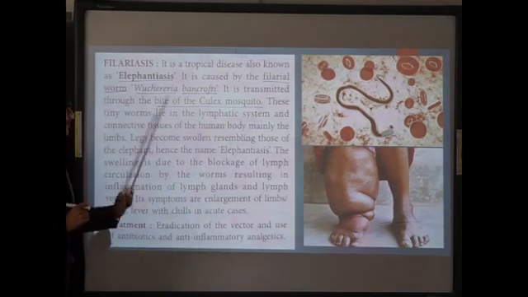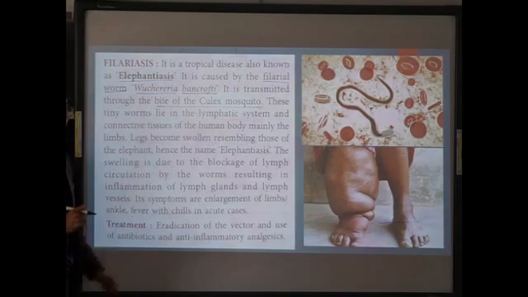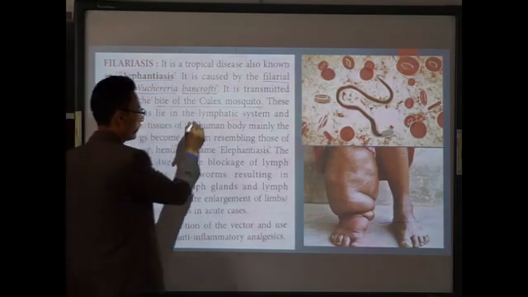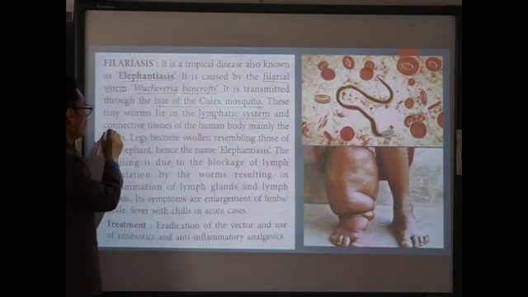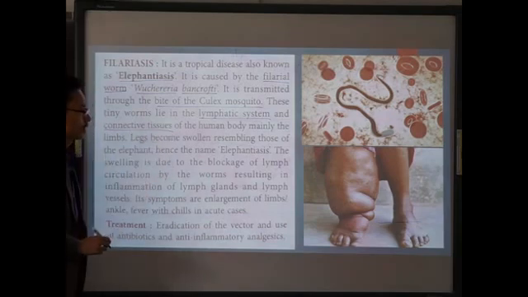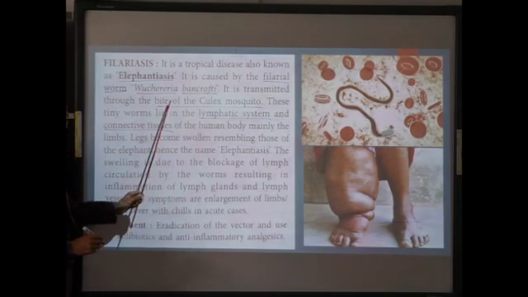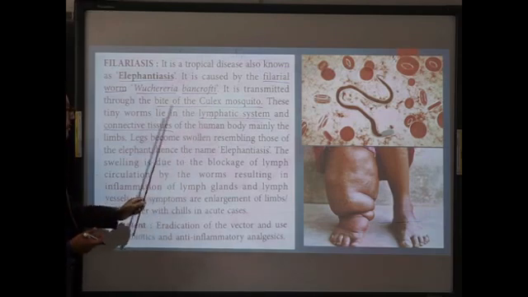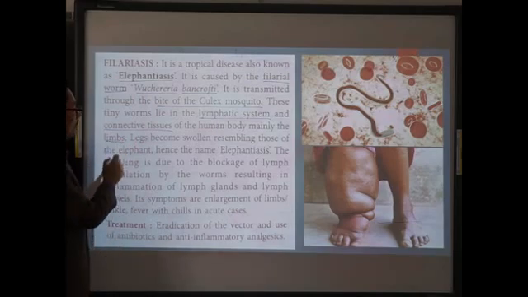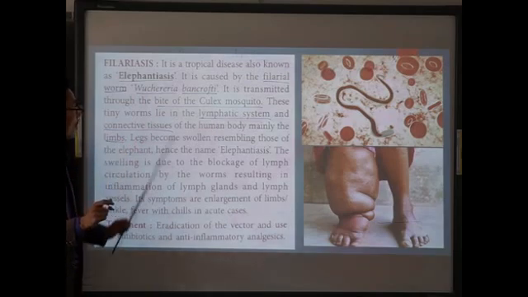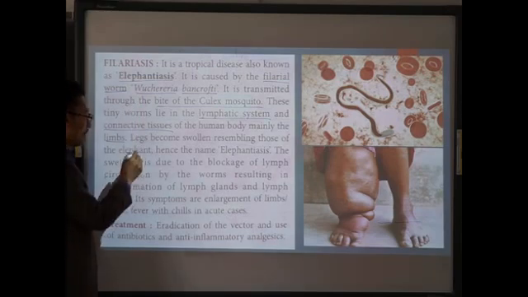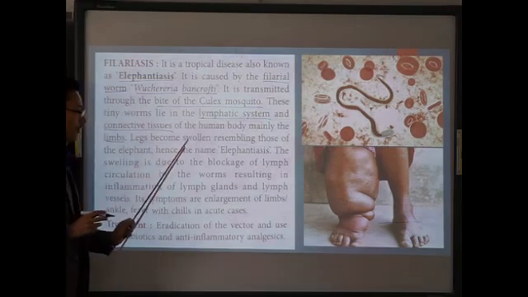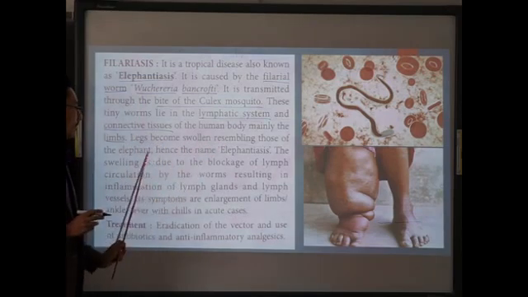Now these tiny worms, Wuchereria bancrofti, mainly lie in our lymphatic system and in the connective tissue of the human body. So these worms are present in our lymph vessels and in our connective tissues, mainly the limbs. Now, this is very important. Why do we call it elephantiasis? Legs become swollen, resembling those of the elephant.